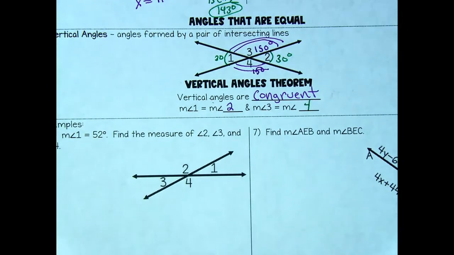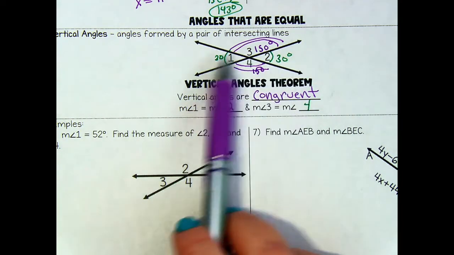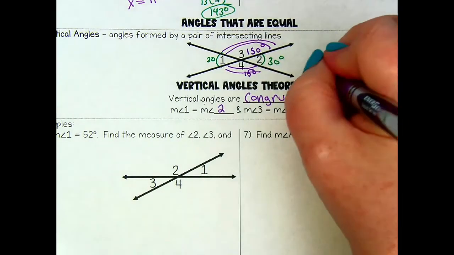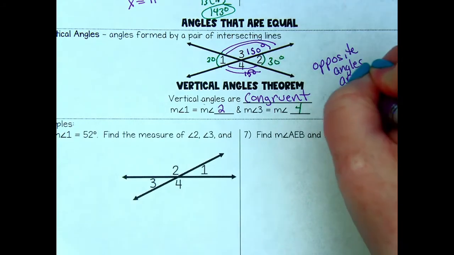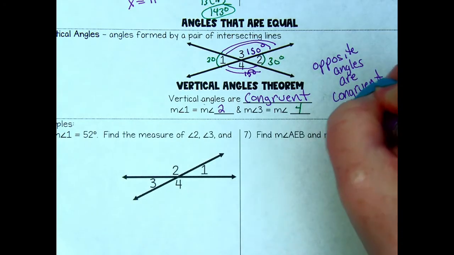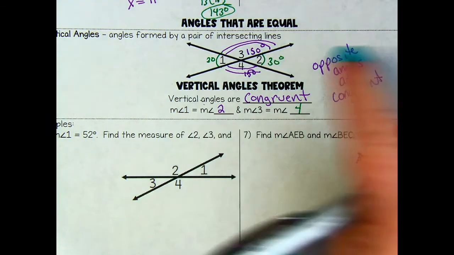They will not always be so obvious, and they could be turned, but what you need to know in vertical angles is that opposite angles are congruent. And congruent is an equal sign with a little tilde on top of it. And opposite angles are congruent, but they must share a vertex.